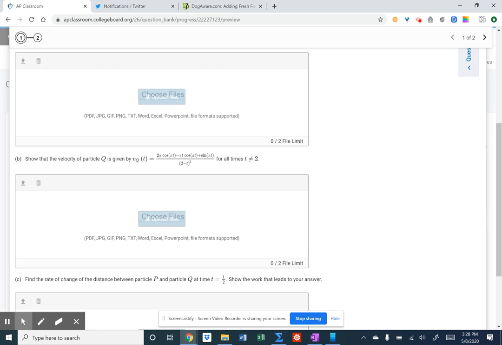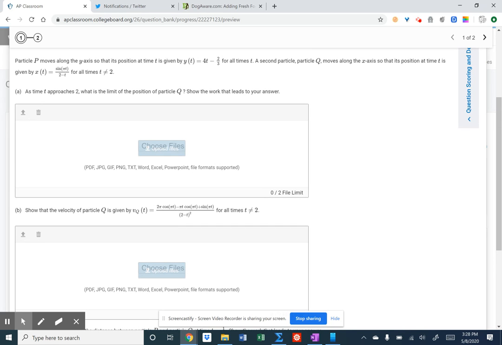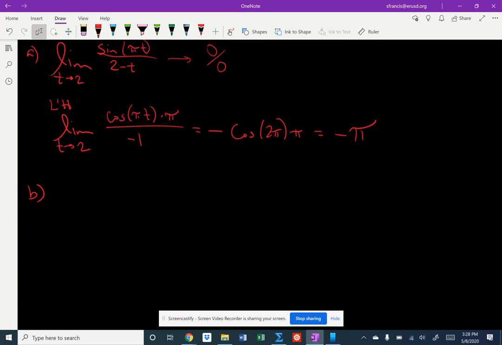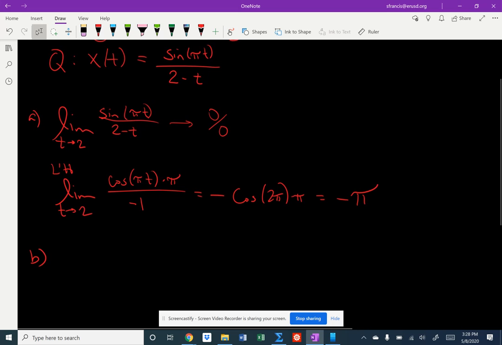All right, let's get on to letter B. So letter B, we want to show that the velocity of particle Q is given by that expression there. So they often do this. If you need that velocity function at some later point, instead of just saying to find the velocity function, they'll give it to you and have you demonstrate what it equals.